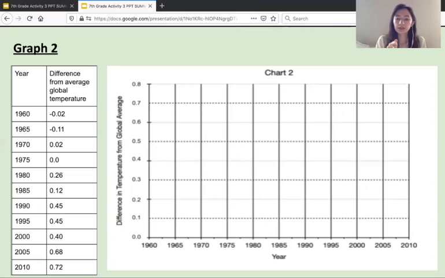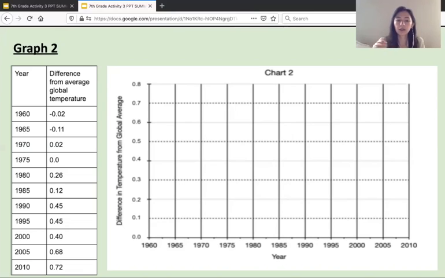So in 1960, for example, the global average was slightly, barely lower than normal. It was negative 0.02. So you're going to put that just below your zero for 1960, a point. And then for 1965, just slightly lower at negative 0.11. Again, really small difference, but slightly colder year in 1965.